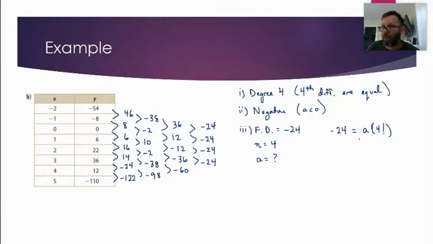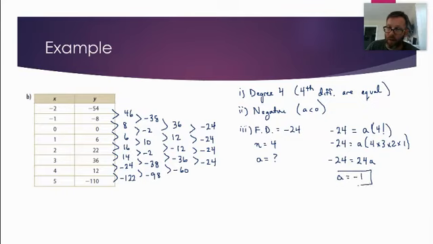In this case, 4 times 3 times 2 times 1. So negative 24 is equal to, actually that gives me 24. So I can just write 24 times a. And then the value of a in this case is negative 1. The leading coefficient in this case, negative 1. All right. Pretty neat. Let's continue.